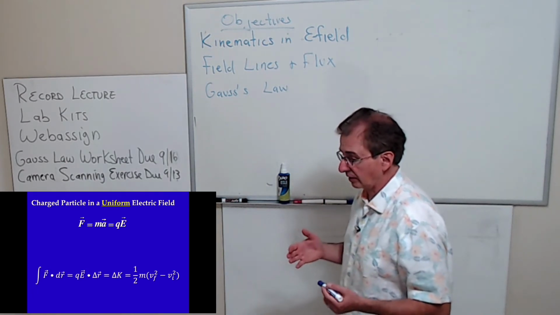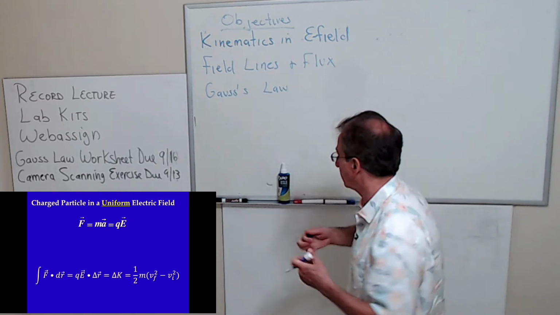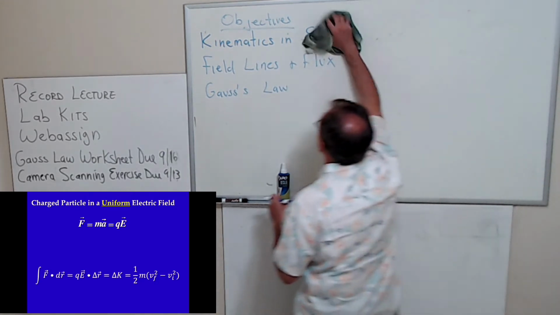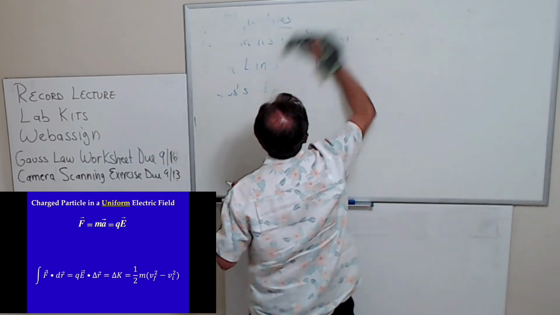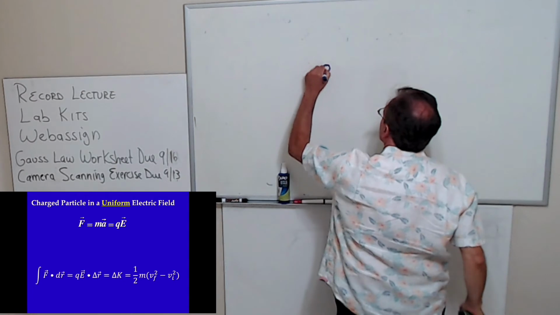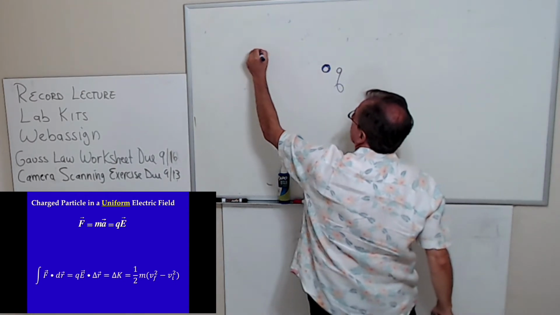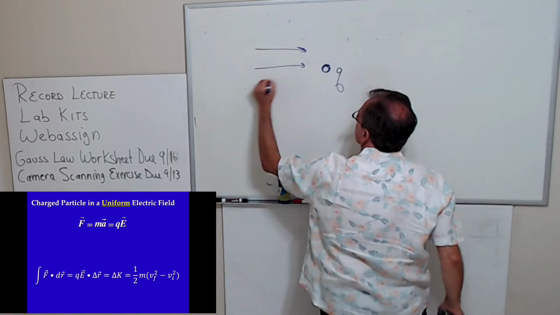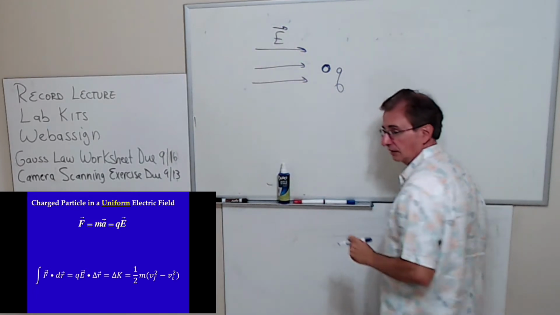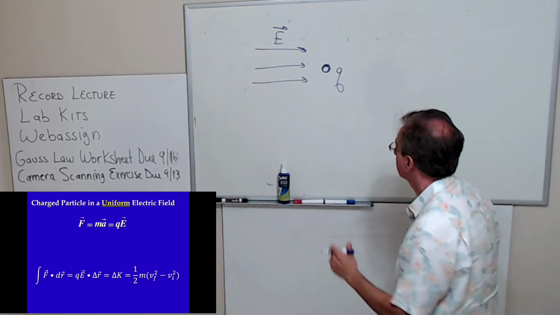Then the force on the particle is just going to be qE. And let's assume the particle is charged, of course. And we have a field, let's say like this. The field can be uniform or not.